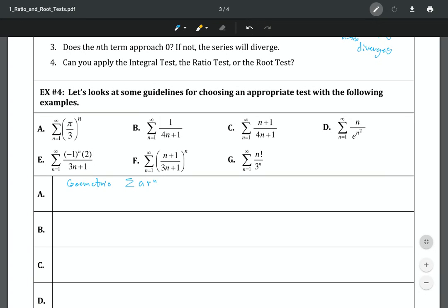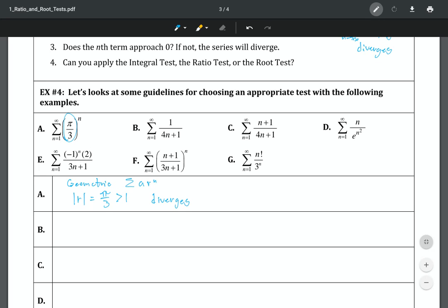R to the n, R is the ratio, and R in this case is this. So I know that the absolute value of R, which in my case is pi over 3, is greater than 1, because pi is 3.14. If it's greater than 1, then the series will diverge. If it's less than 1, like 1/3, 1/2, something like that, then it will converge. So I'm done with that one.